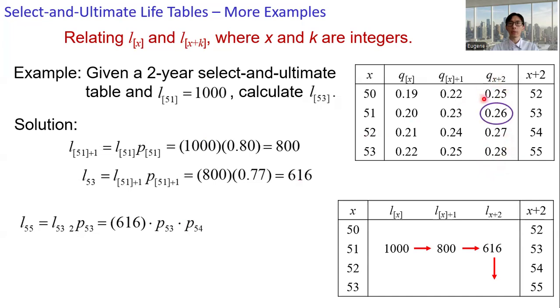For P53, we get Q53 equals 0.26, and then we get P53 is 0.74. And then for P54, we get Q54 is 0.27, so we get the corresponding value, 0.73. Upon calculation, we get L55.